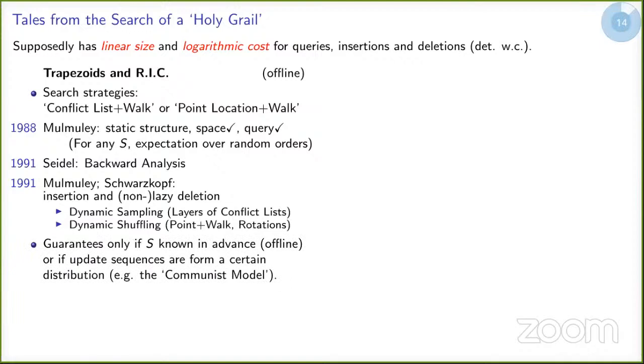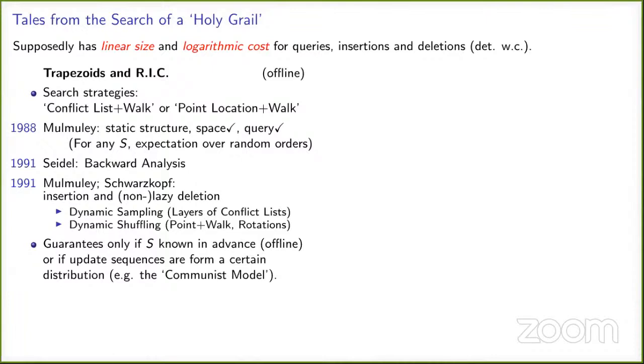However, the analysis for these dynamization methods either requires that the whole set S is known in advance, so it's an offline structure, or that the update sequence is from a certain distribution of updates, which is normally called the communist model.